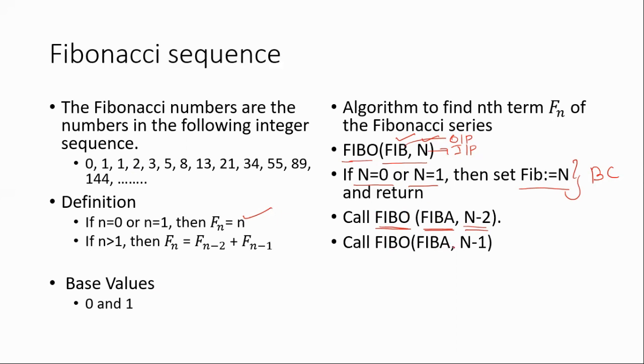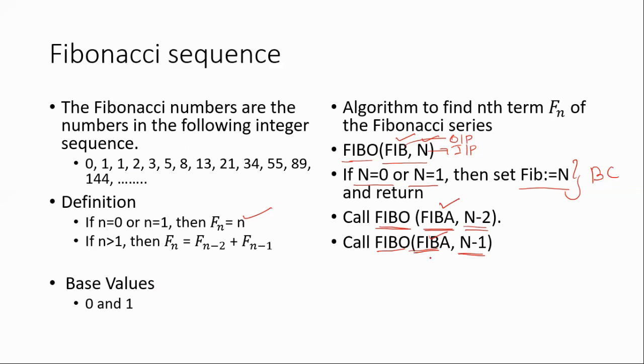And also by passing another value, n minus 1, we will call Fibo recursively, with the output fibB. What is fibA? fibA is the output of the Fibo function for the argument n minus 2, whereas fibB is the output variable for the Fibo function when n minus 1 is supplied.